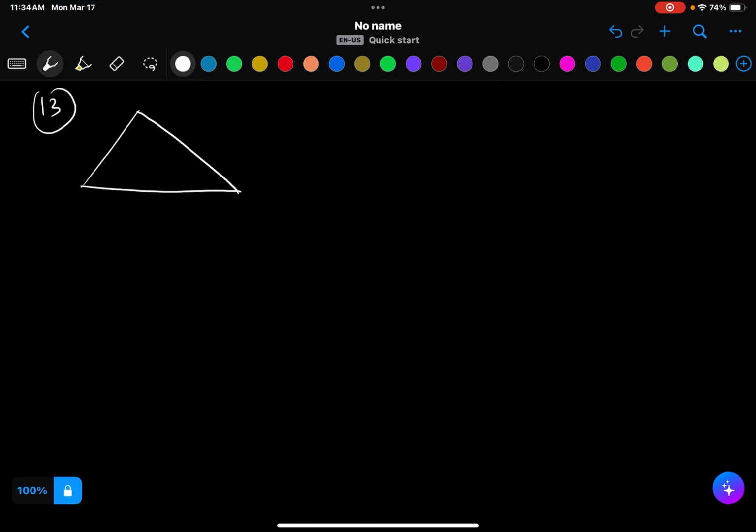I guess it's not all that funky. So angle C on the inside is 49 degrees. Angle D is our missing angle, so I'll put an X for that. Angle B on the inside is unknown, but the exterior angle to angle B is 143 degrees.